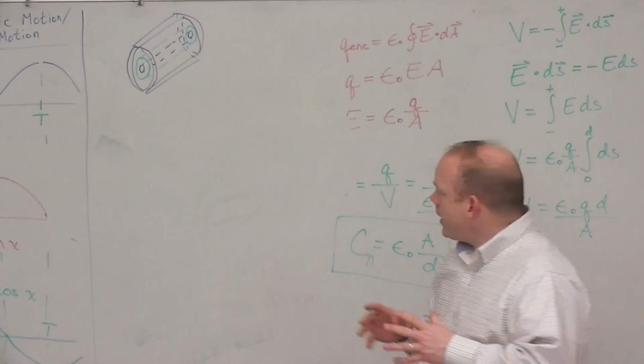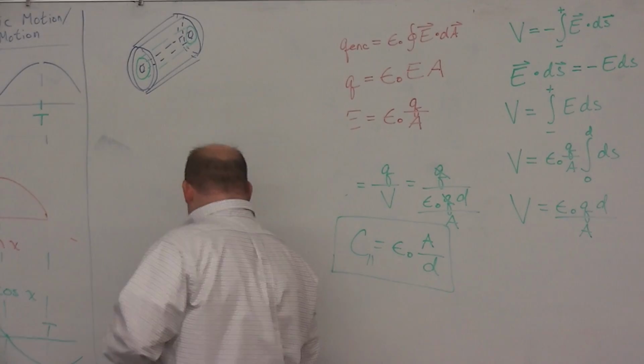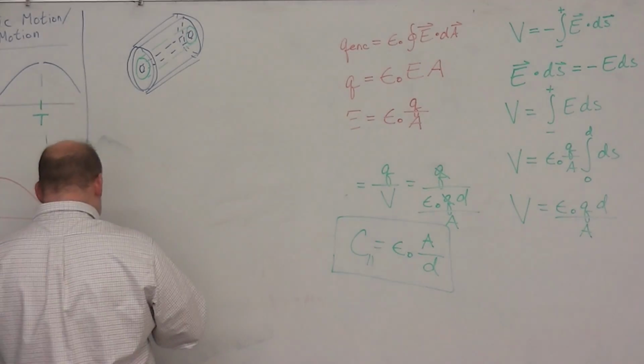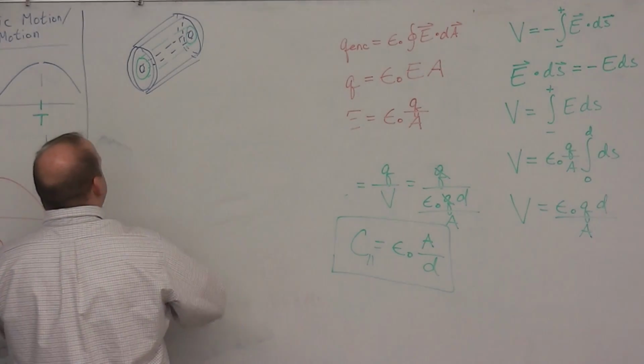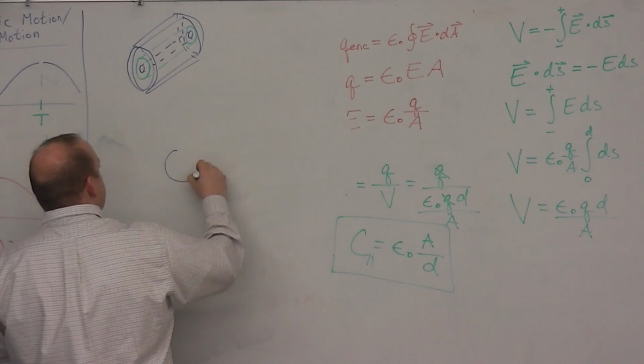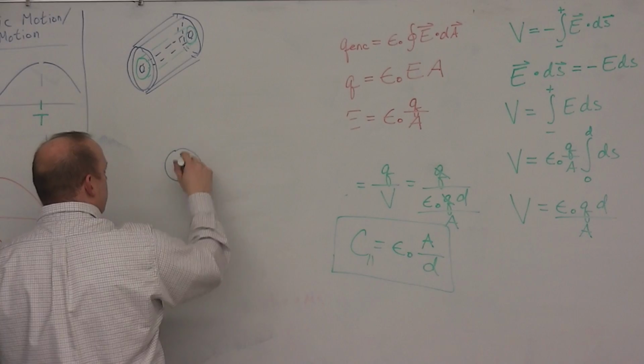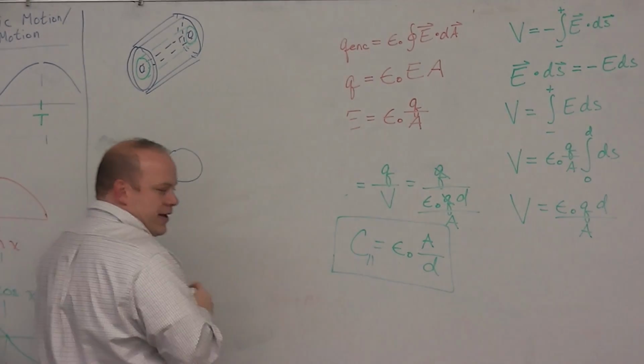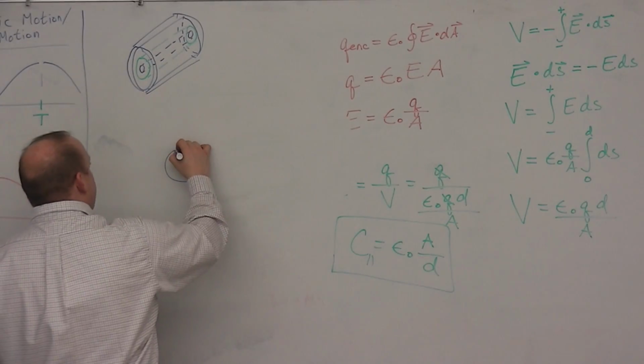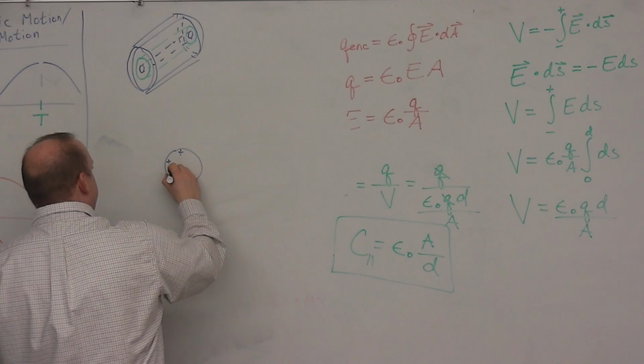So now, let's take a look at this from a cross section. From a cross section, I'm going to have something like this, right? Where I'm going to say that on the inside, it's going to have a positive charge.